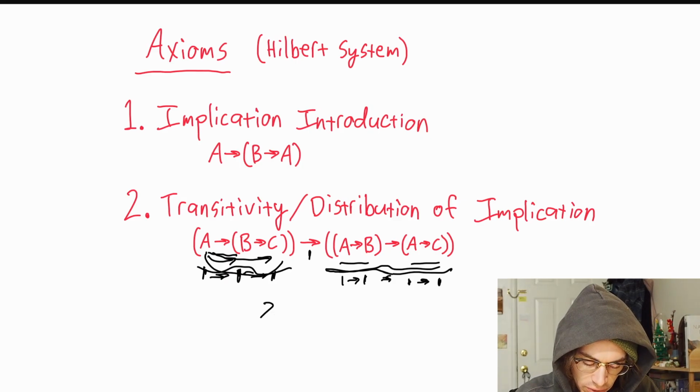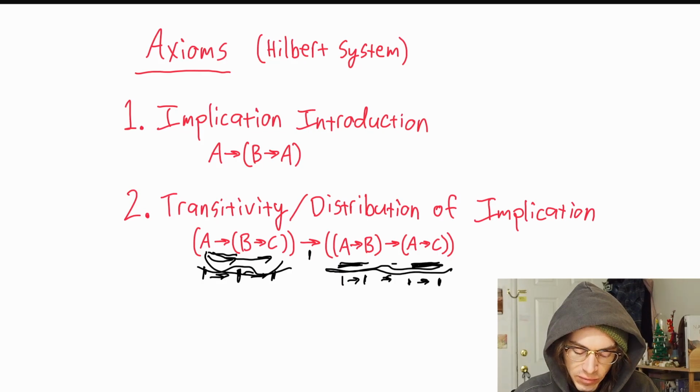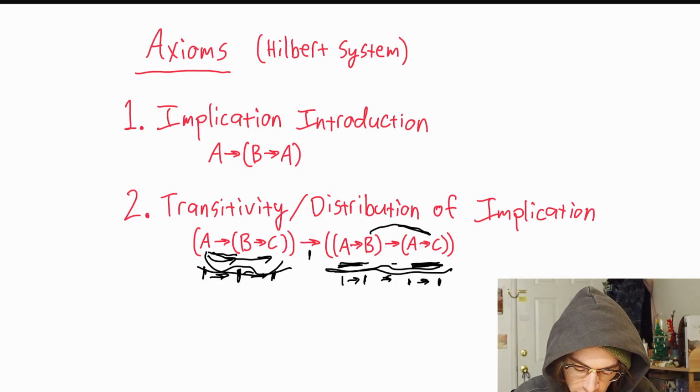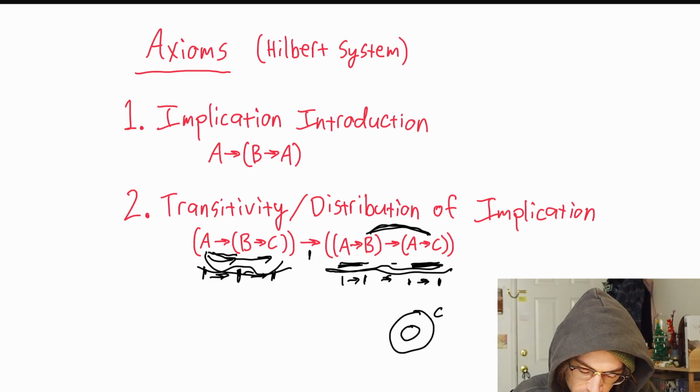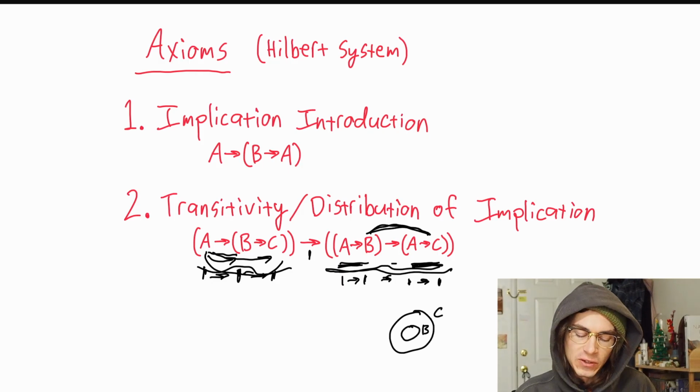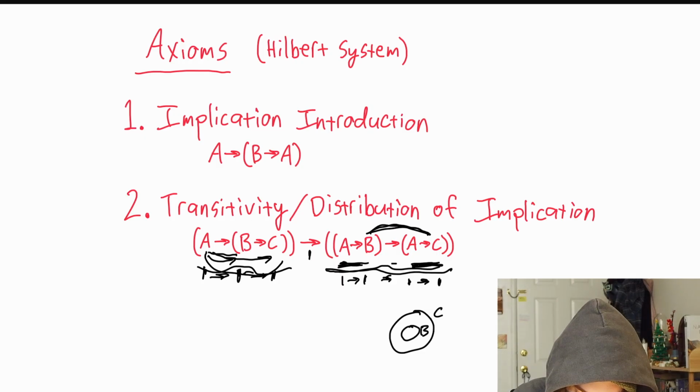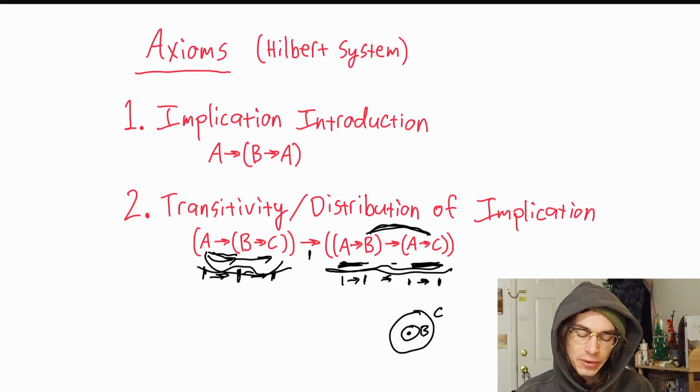Just like you would do with, say, like 2 times x plus 3. You distribute, right? So if A implies B, then A implies C. So clearly there's some connection between B and C. You could say that sort of in a way, B is like a circle that's inside C. Because then if you're in B, you know for sure that you're in C.